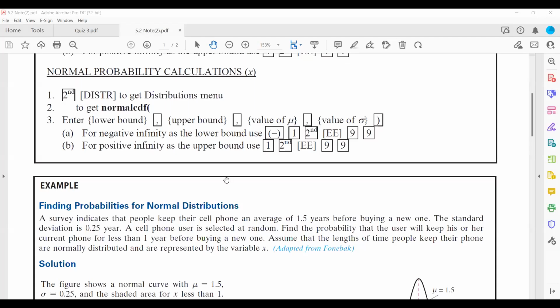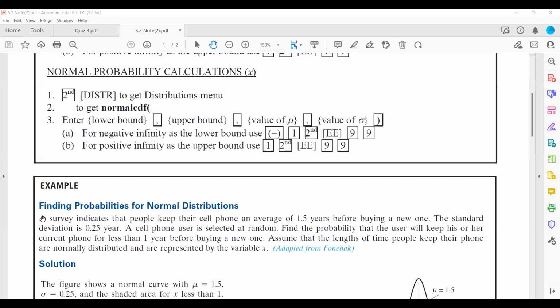As you can see here, you have a survey. You're a statistician, you ran a survey, and you found that on average it takes 1.5 years for people to buy a new cell phone.